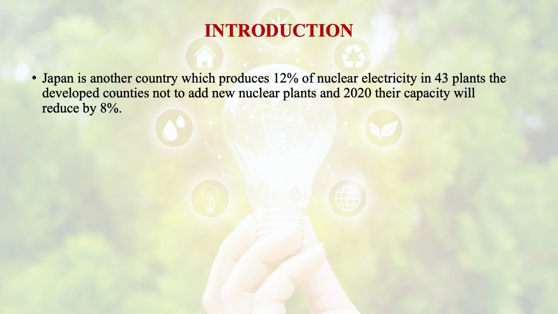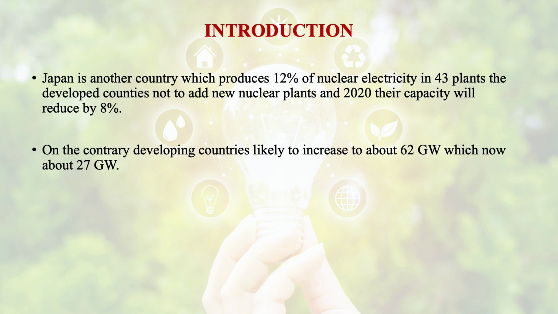Japan is another country which produces about 12% of its electricity from nuclear energy in 43 plants. Not to add new nuclear plants, and by 2020 their capacity will be reduced by 8%. On the contrary, the developing countries are likely to increase it to about 62 gigawatts, from about 27 gigawatts now.